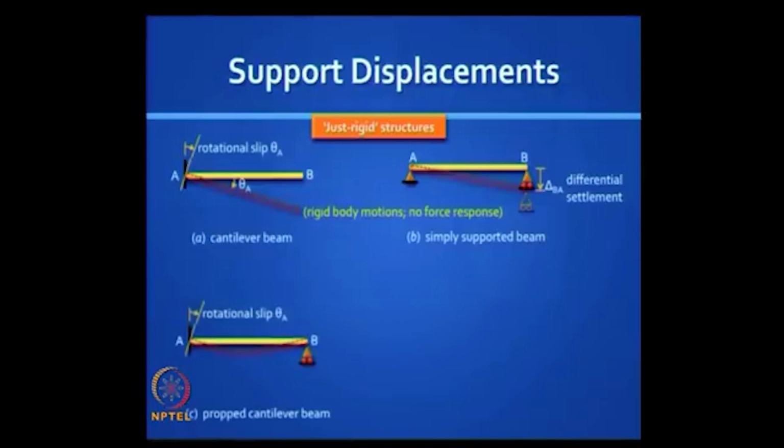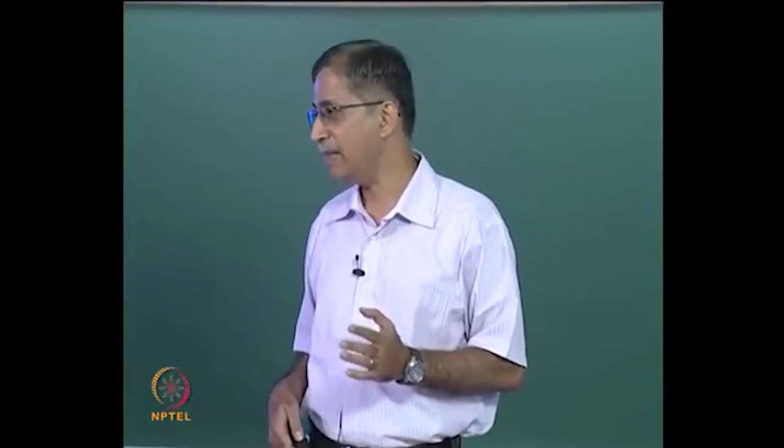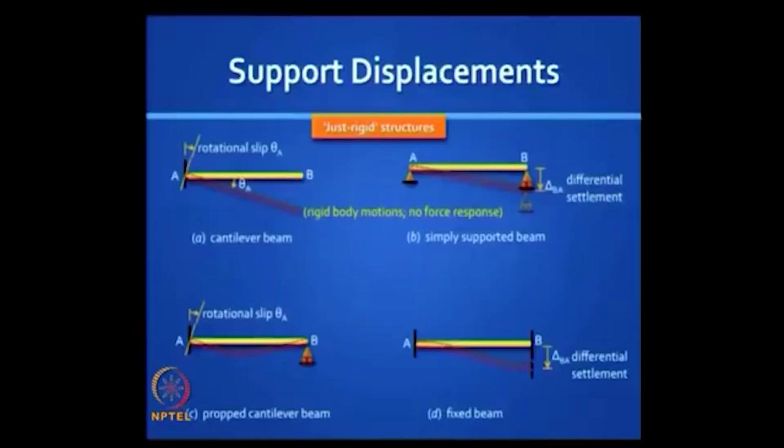But now you take the same cantilever beam with a prop, it is called a propped cantilever beam, and you do the same rotational slip, you will find that kinematically for the beam to return to position B, you have to have a change in curvature. The moment an initially straight beam undergoes a change in curvature, you know for sure there are bending moments that come into play, and the same is true of a fixed beam.